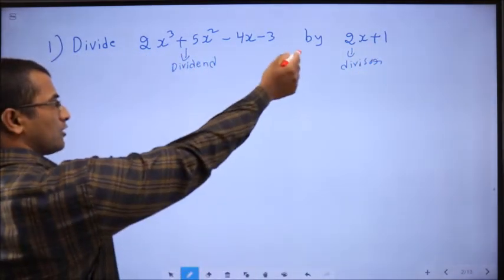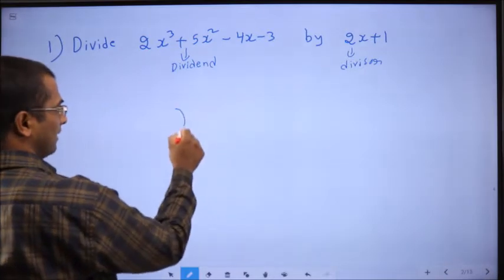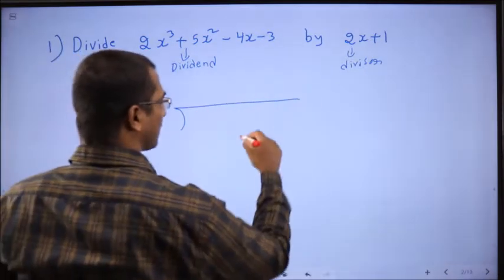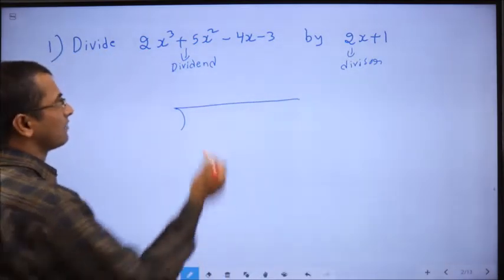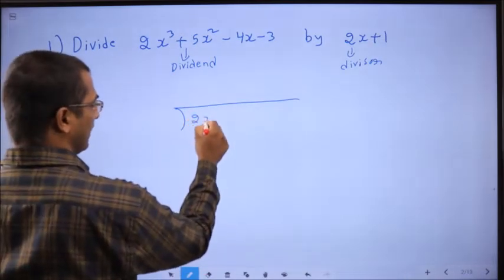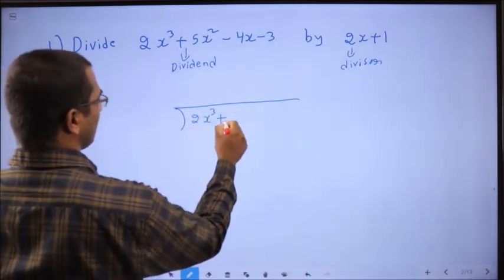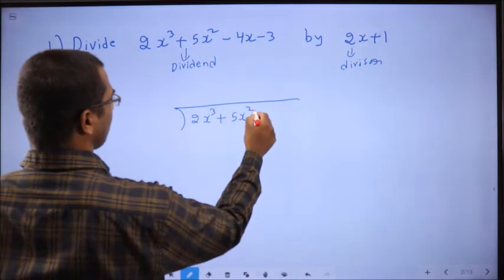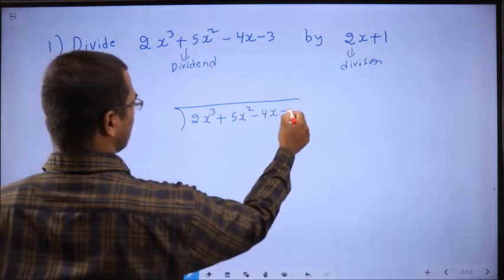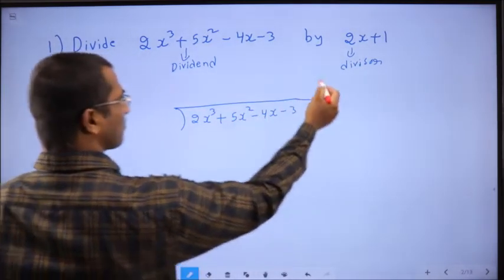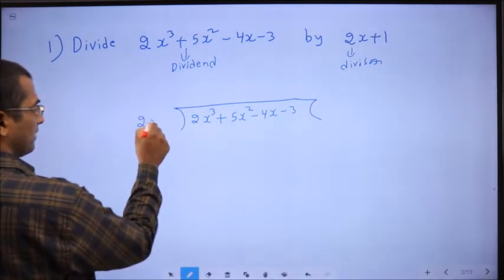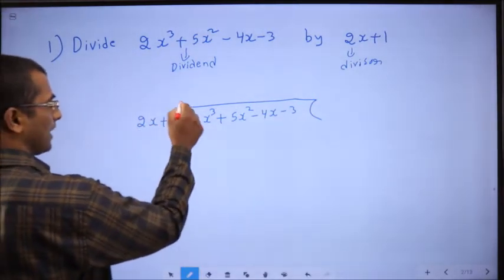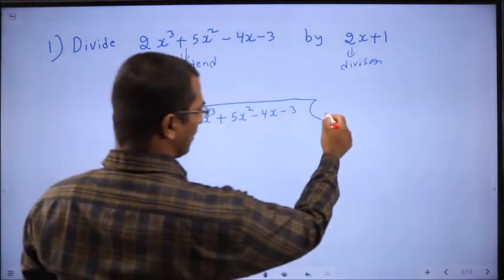This needs to be divided with that, so write in division form. Normally how we divide? The dividend inside, which is 2x cube plus 5x square minus 4x minus 3. Divisor over here. You can write the quotient over here or else over here.